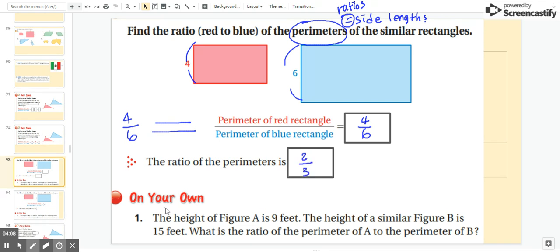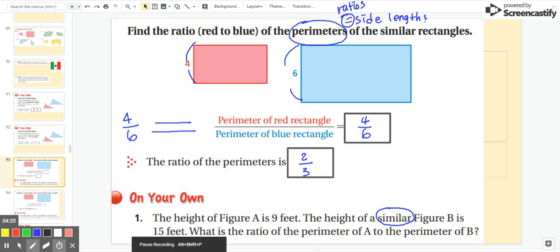All right, I need you to do this question on your own. The height of figure A is 9 feet, and B is 15 feet. It says similar, so I need you to circle the word similar.